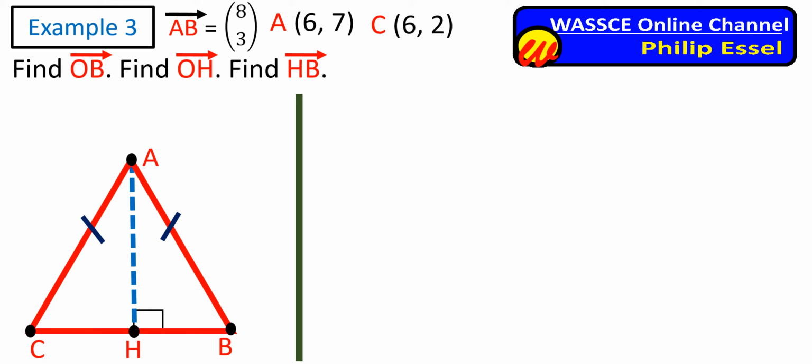So what it means is that the point H is the midpoint of the line segment CB.